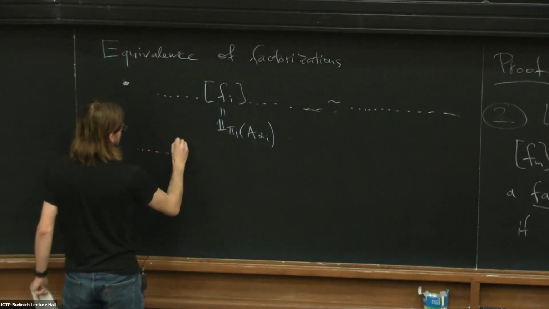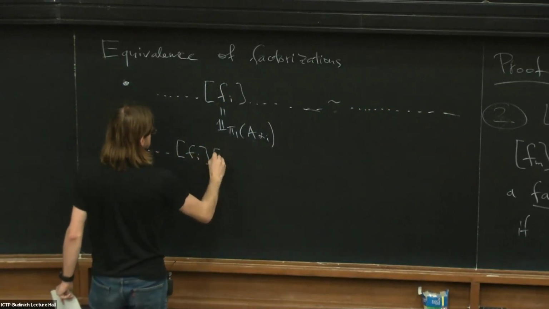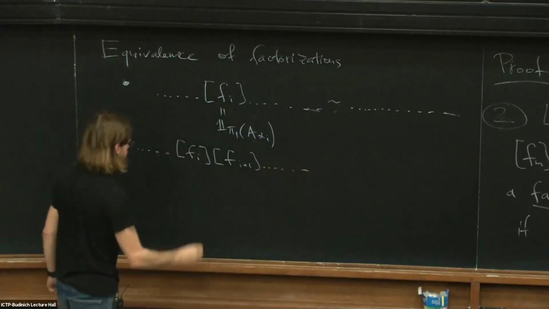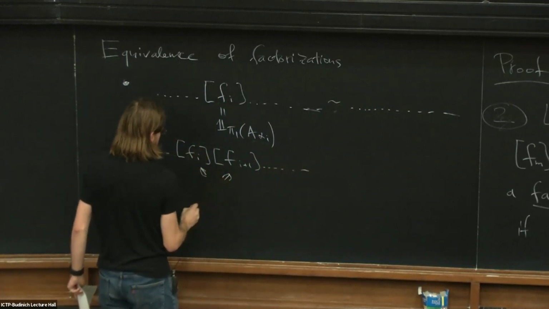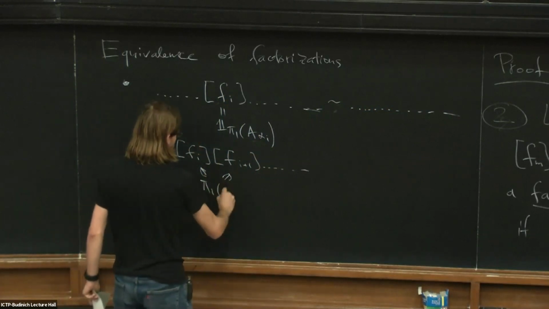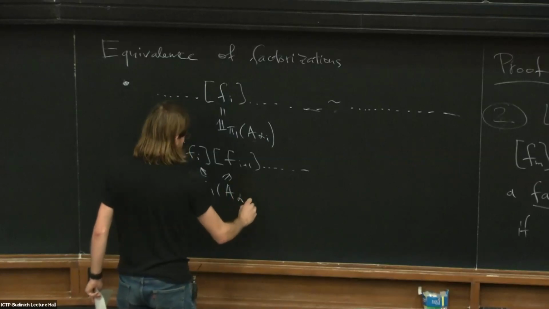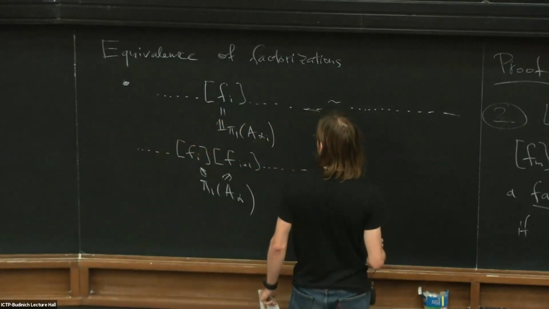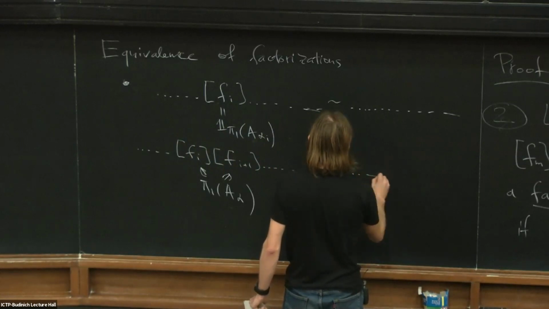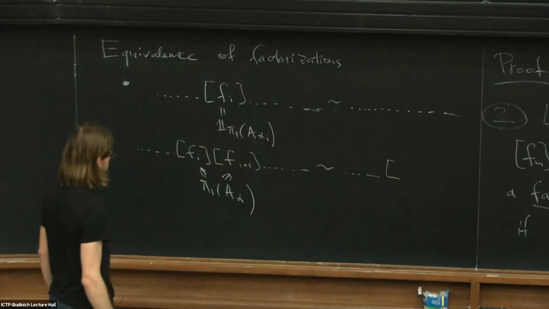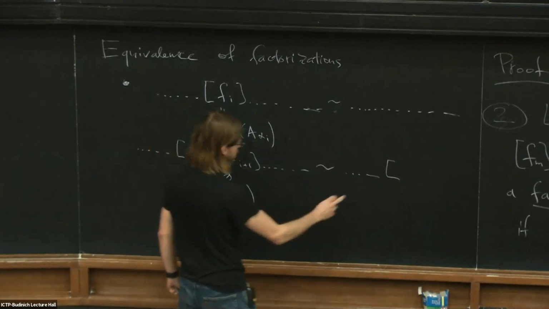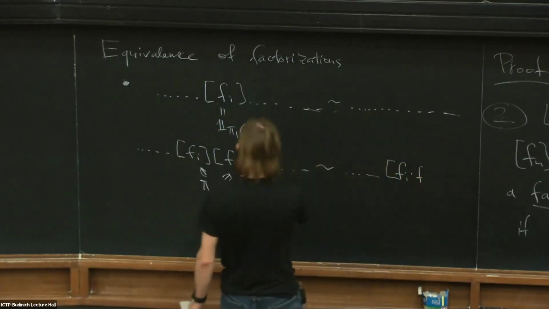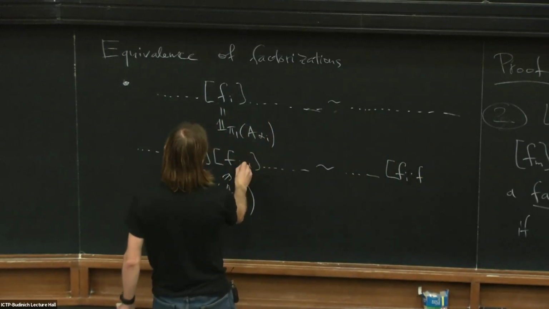And if you have a pair of subsequent elements which both belong to some common pi1 of A alpha for some alpha, we can replace this pair with a single element, which is the class of, sorry, here in my notation there should be a minus.